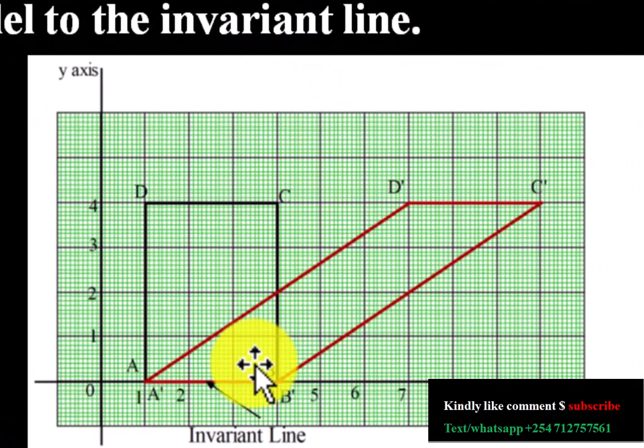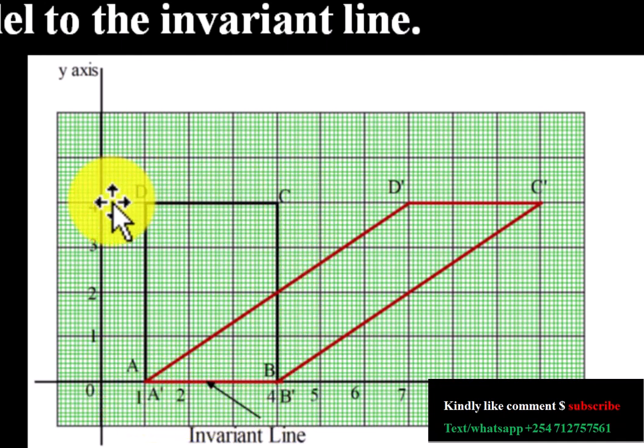What do I mean? Look at our diagram here. We have a rectangle A, B, C, D that has undergone a shear transformation into A prime, B prime, C prime, and D prime. Remember, we have said that the object points move parallel to a fixed line that we call the invariant line. So what is our invariant line in this particular diagram?